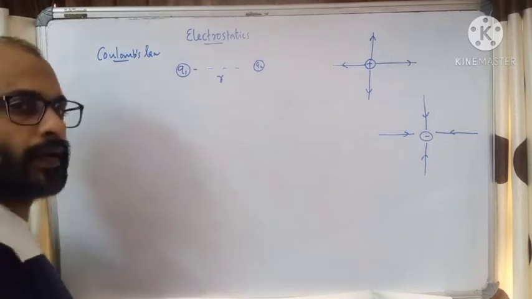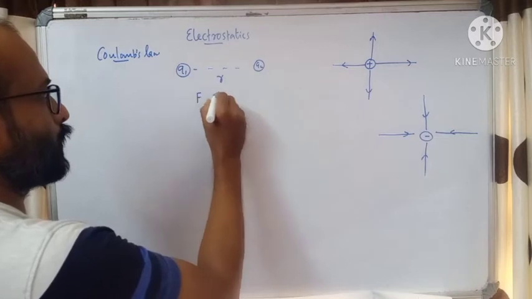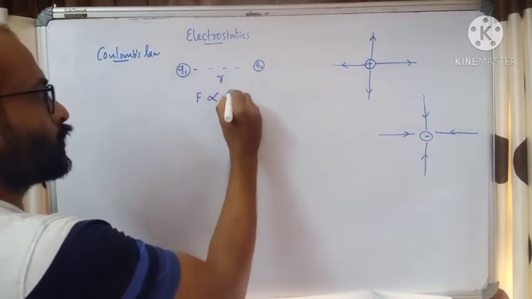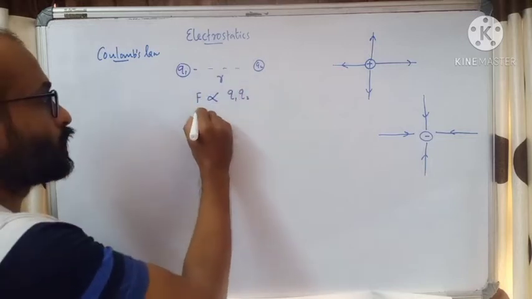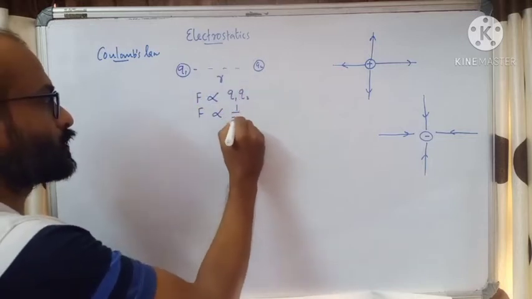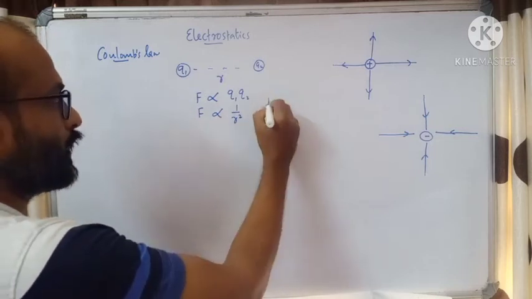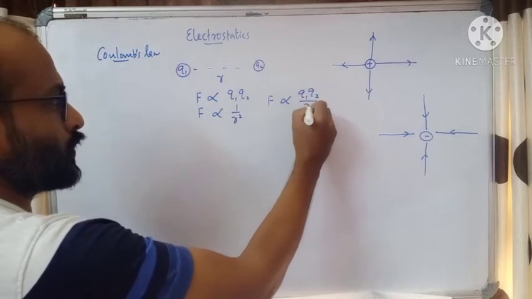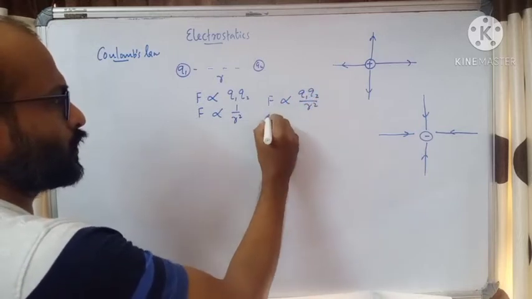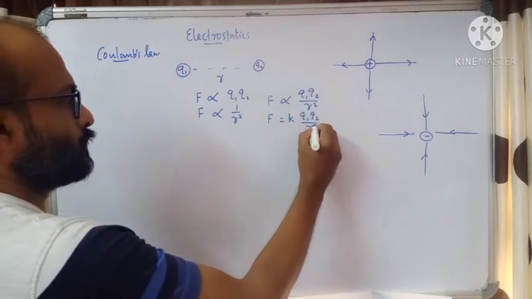Experimentally, it is proved that the force between these two charges is directly proportional to the product of the magnitudes of the charges, and inversely proportional to the square of the distance between them. Combining these, F is proportional to Q1 Q2 by R square, or with a constant, F is equal to K into Q1 Q2 by R square.